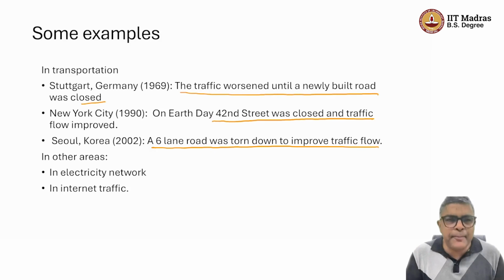So this is very important, and it's not just in traffic, you also see exactly the same problem in internet traffic as well as in electricity networks. So one has to be very mindful. One should not be spending resources blindly to build something, because building may not necessarily help solve the problem. So we have to be careful about that.